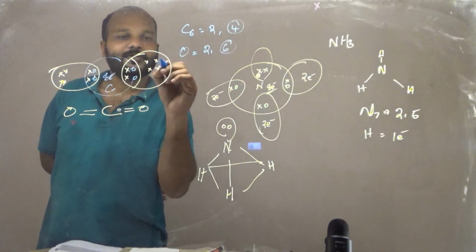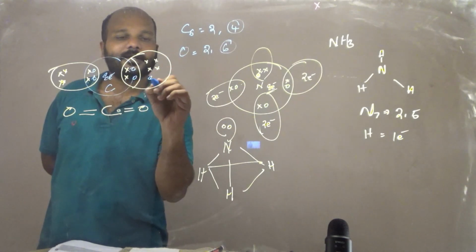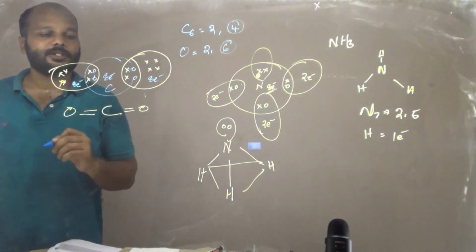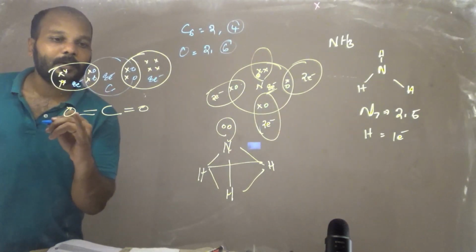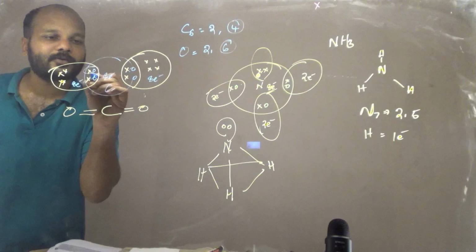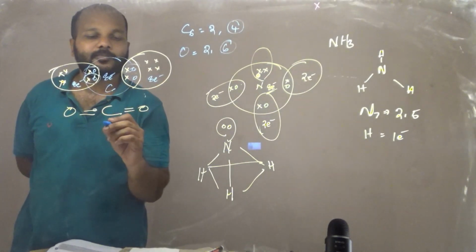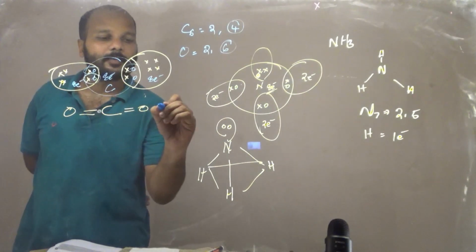For oxygen, 1, 2, 3, 4, 5, 6, 7, 8, 8 electrons are there with oxygen. Again 8 electrons are there with the next oxygen also. So it is going to have a double bond, because 2 pairs of electrons are shared in each carbon-oxygen bond. So this is going to form a double bond.